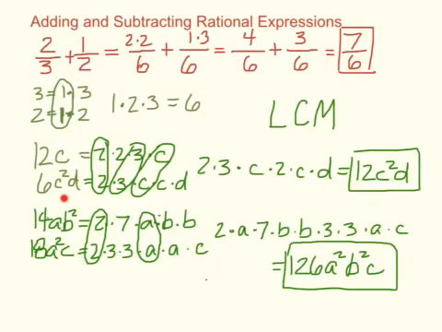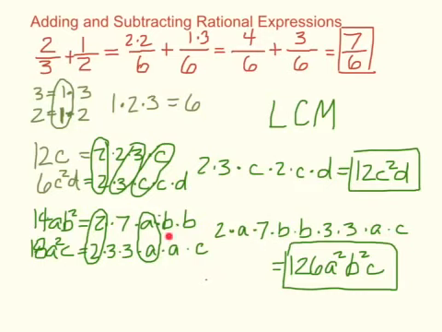Another example, 14a squared b and 18a c squared: the least common multiple. I'd first factor 14ab squared. That's 2 times 7 times a times b times b. 18a squared c is 2 times 3 times 3 times a times a times c. So the least common multiple is what I get when I multiply the numbers that are circled one time and all the rest of the numbers that aren't circled one time.